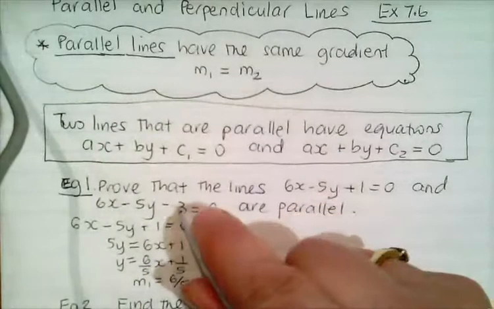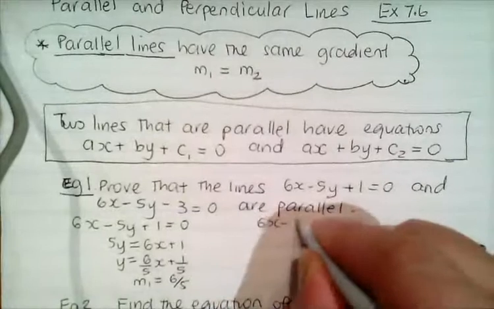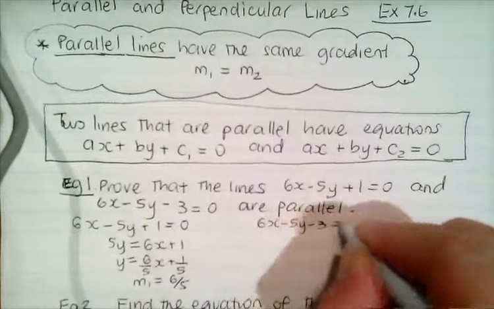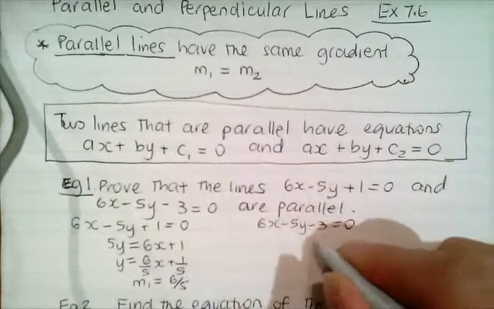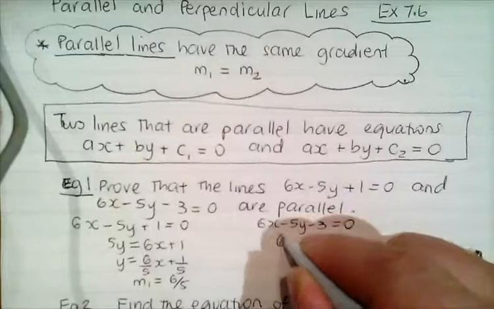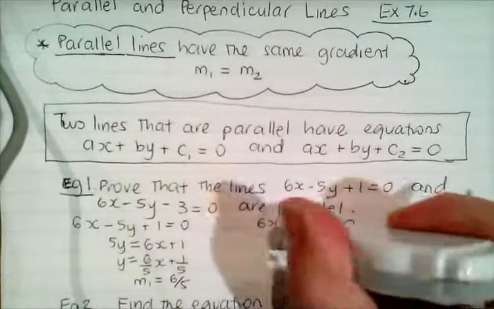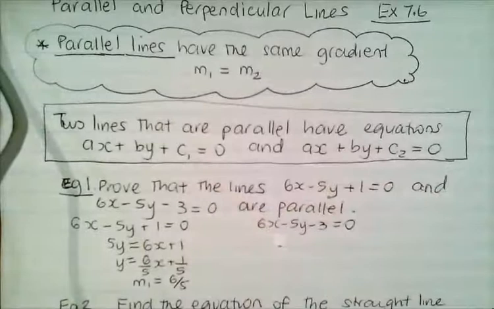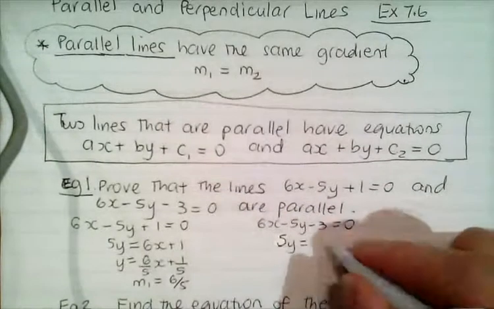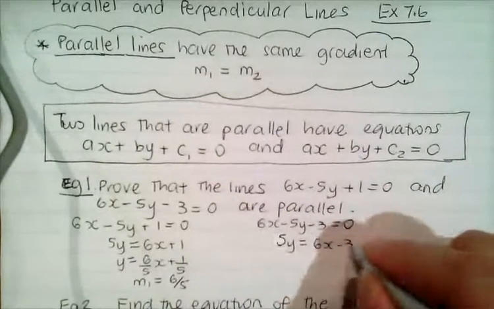If we look at line 2 here, we've got 6x minus 5y minus 3 equals 0. Taking the 5y to the other side, we get 5y equals 6x minus 3.